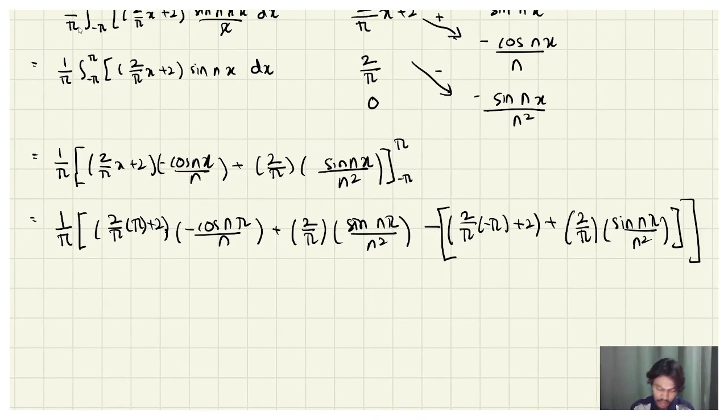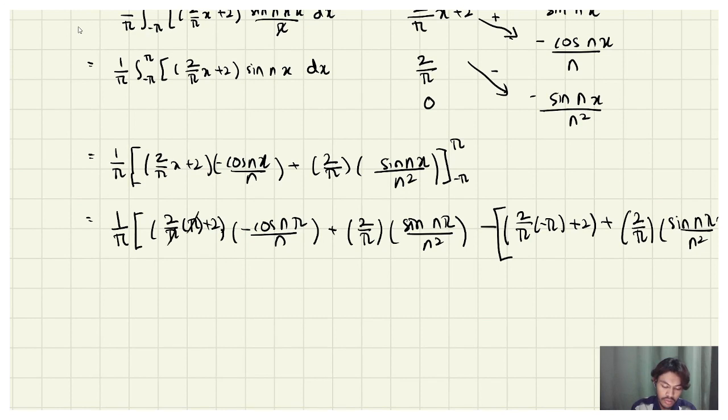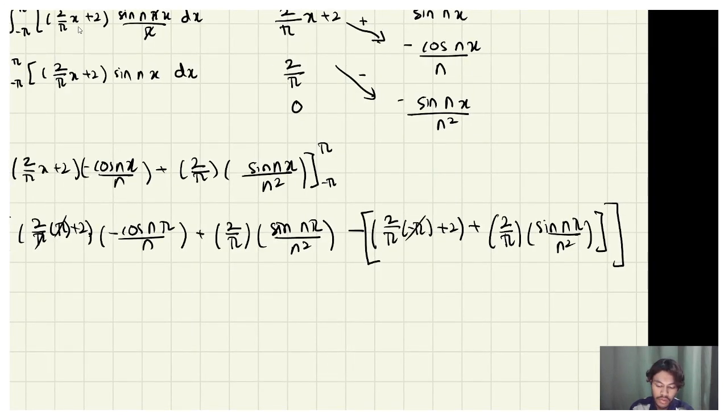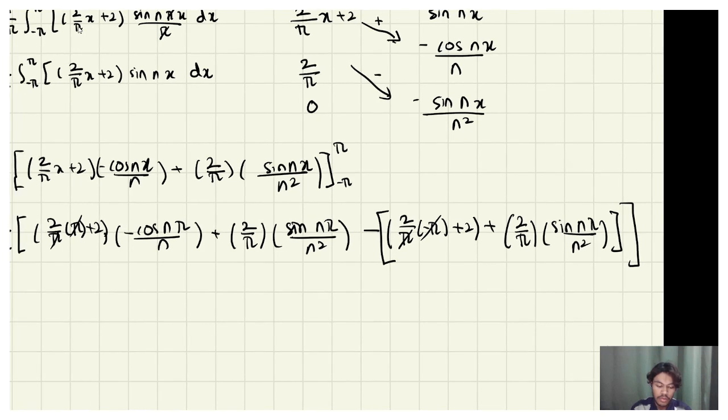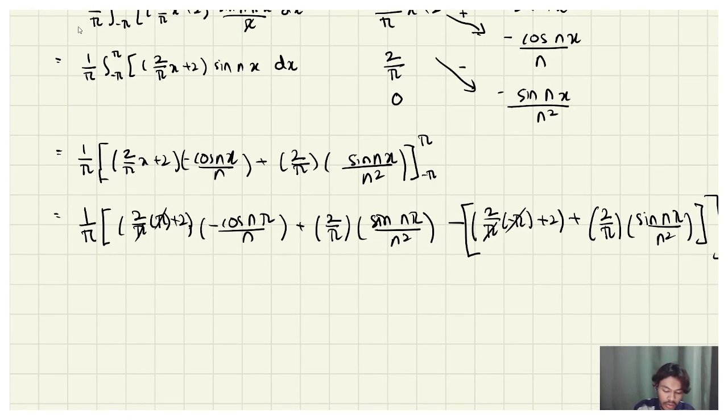Then we can cancel out this value. This value also can be cancelled out. So this one will be left with 4. So negative cos n pi, negative cos pi will become negative 1 if we calculate in the calculator, and sin n pi will become 0, and all of them will become 0.